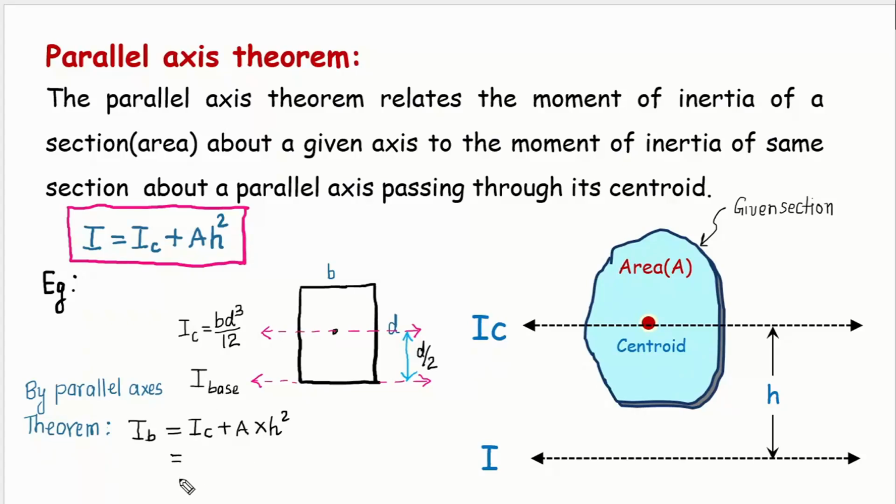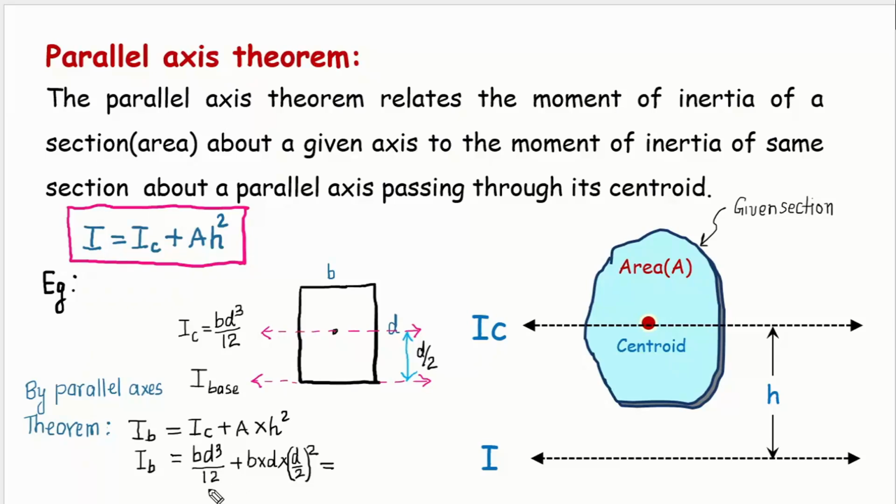So the moment of inertia of the rectangular section about its base will be IC, which is BD cube by 12, plus the area, which is B into D, friends, and h is D by 2, so it is D by 2 squared. Now if you simplify, D squared and 4 give BD cube by 4.